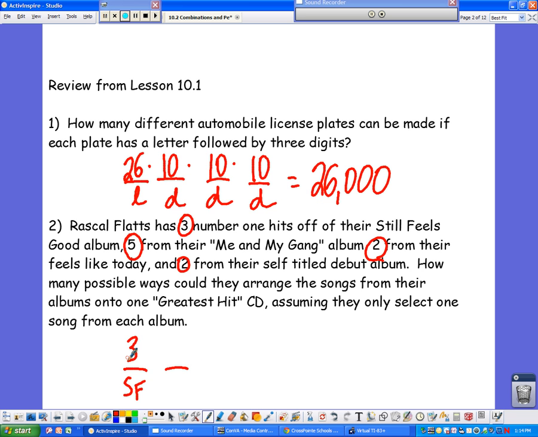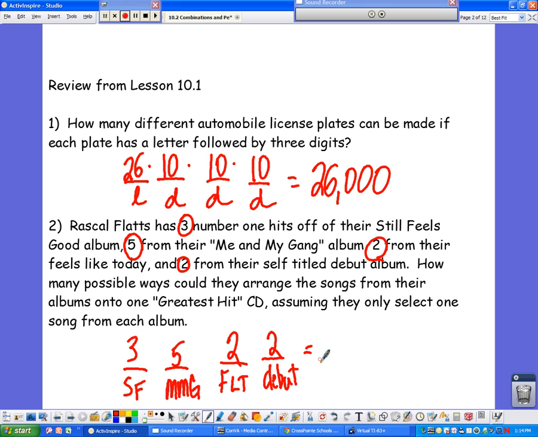From Me and My Gang, I can choose 5 to put in that spot. From their Feels Like Today album, we have 2 that we can choose from. And from their self-titled debut album, they can do 2.